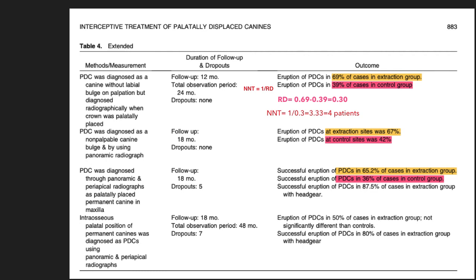The number needed to treat here is 1 divided by the risk difference, 1 divided by 0.3, which means 3.33, and 4 patients. We should extract 4 patients or 4 canines to prevent one additional impaction. This is the interpretation of this study.